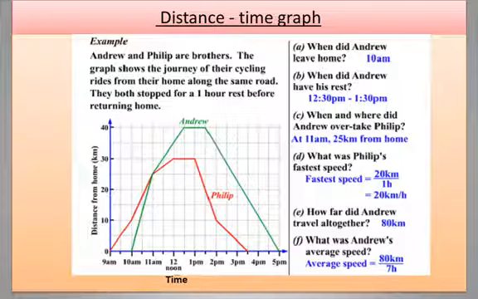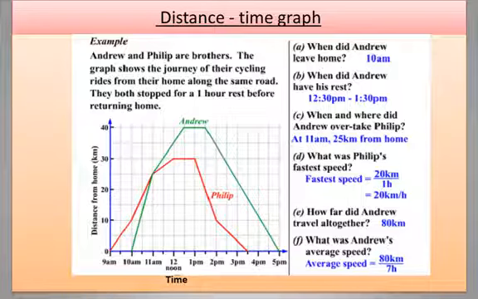He moved from 30 to 10 kilometer at a very fast pace. What is the difference in kilometer? 20 kilometer. And the time is from 1 o'clock to 2 o'clock, which is 1 hour. In 1 hour, he moved 20 kilometers. So that is the fastest speed of Philip: 20 kilometer per 1 hour.